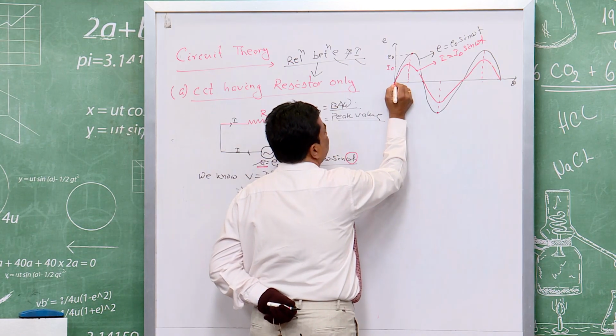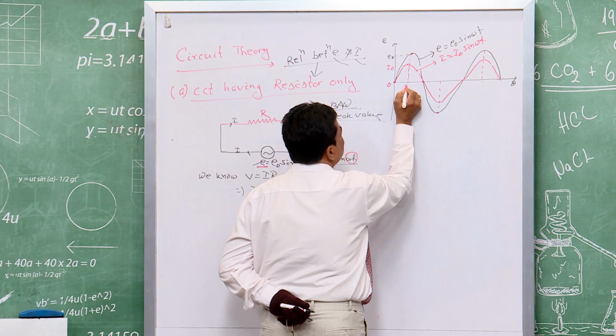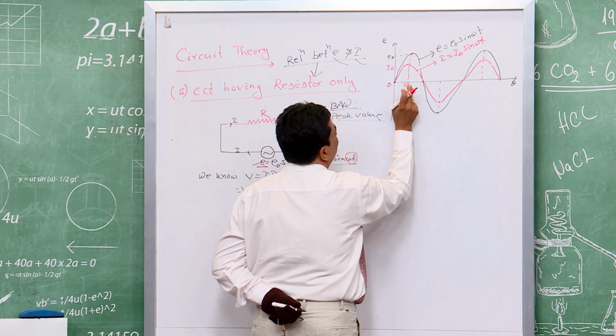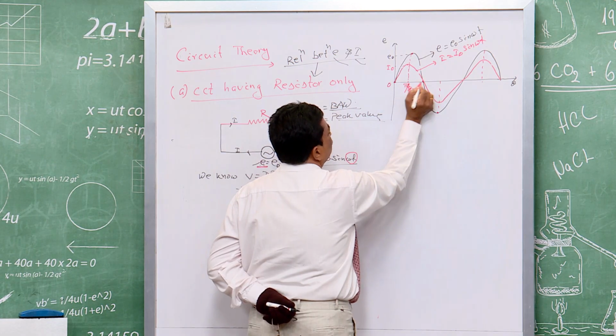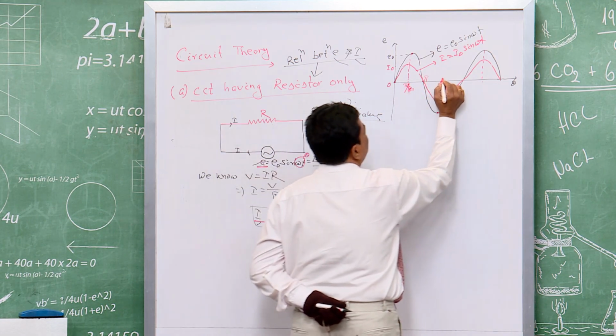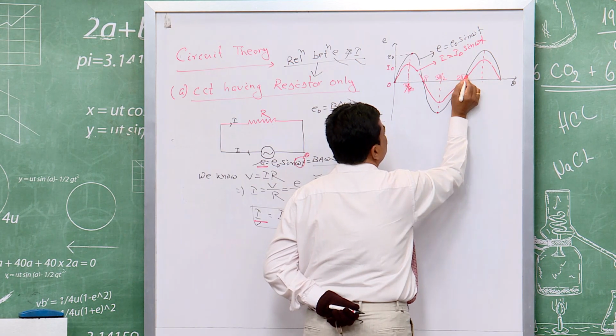Observe here, this is for 0; we have taken theta, which is pi by 4, this is pi by 2, this is pi, this is 3 pi by 2, this is 2 pi.